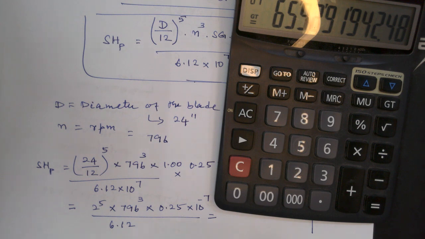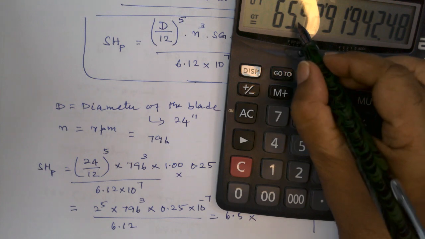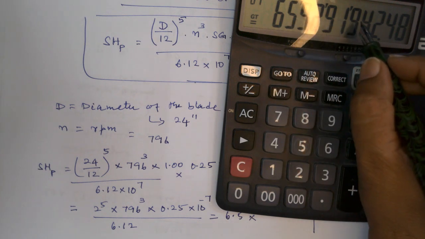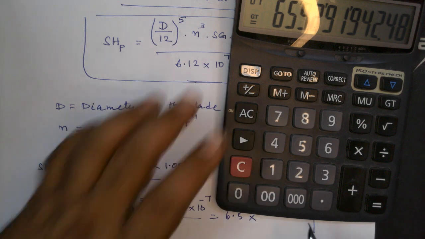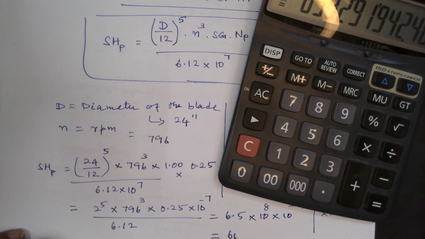That results in 6.5 into 10 power 8, into 10 power minus 7. It works out to 65 horsepower.